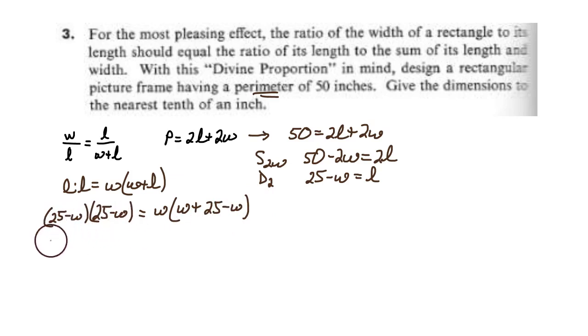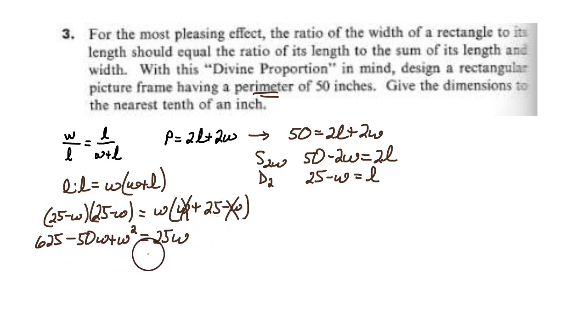This right here we can use FOIL. 25 times 25 is 625. Then minus 50W plus W squared. Over here on this side, inside the parentheses, notice how W minus W cancels away. So we're really left with W times 25, which is 25W.